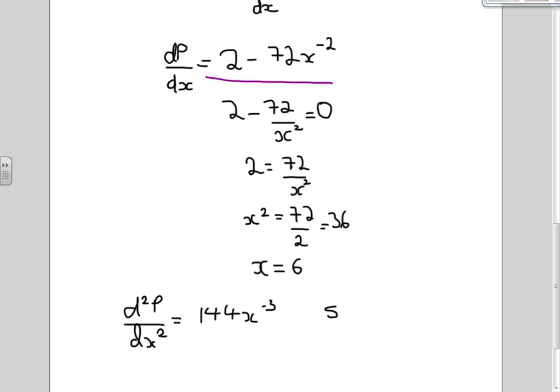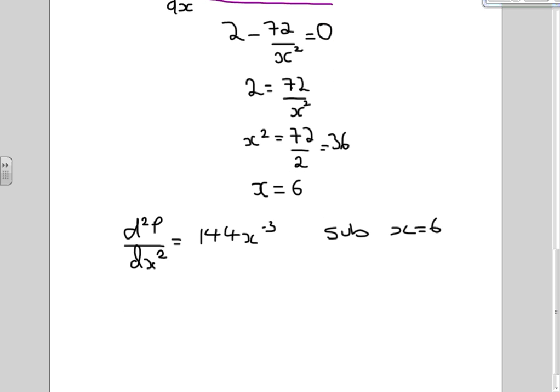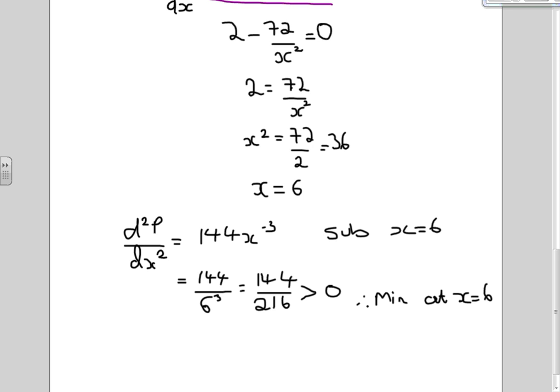So we need to substitute in x equals 6 to find out what sort of a stationary point we have at x equals 6. So substituting in x equals 6, that's 144 over 6 cubed, which is the same as 144 over 216. And of course, because both of them are positive, we end up with an answer that's greater than 0. Therefore, we have found a minimum point at x equals 6.